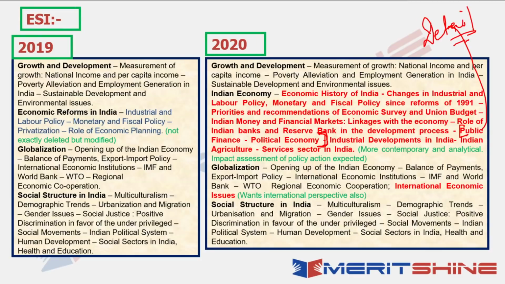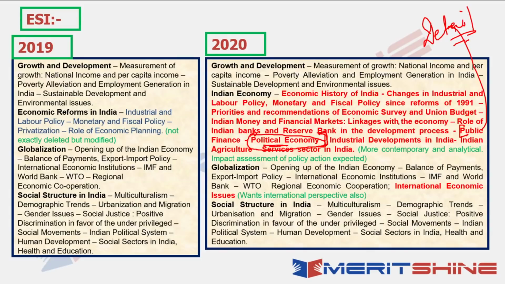And the same with political economy. Now political economy, when we talk about the political structure and its effects on the economy, was not entirely an important part of the 2019 course, but it is stated here today in the 2020 course, and therefore that becomes important. Right. So these are the two areas where you need to go into detail.